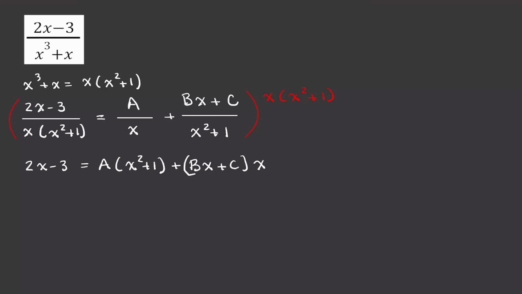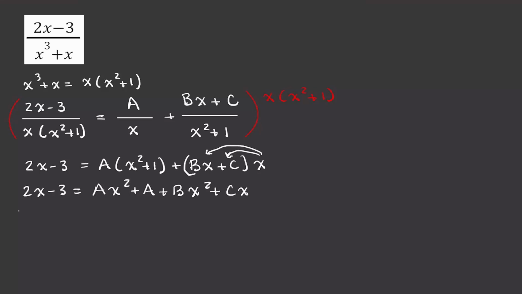So this step will just get rid of the denominator. And now from here, I will get rid of the parentheses. So 2x minus 3 is equal ax squared plus a plus bx squared plus cx. I will multiply this x to every term inside the parentheses.